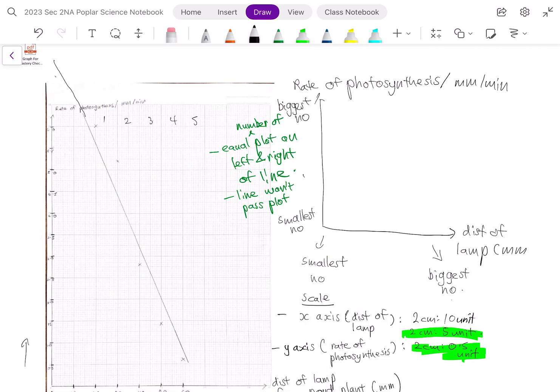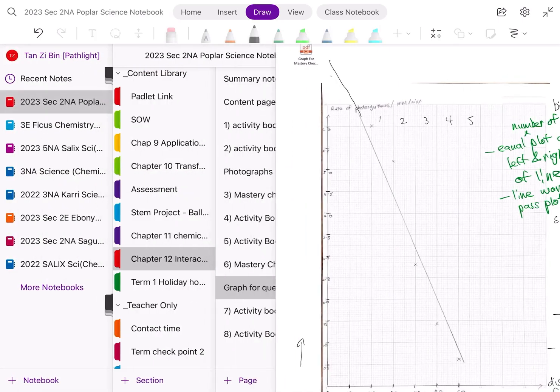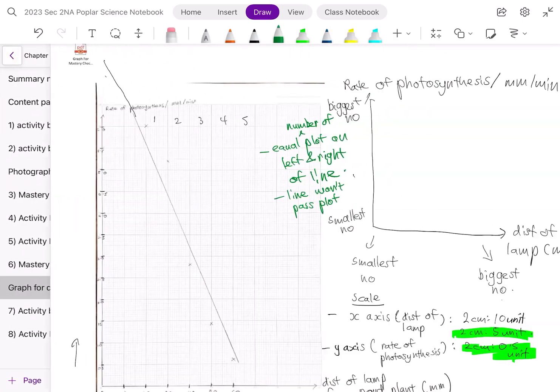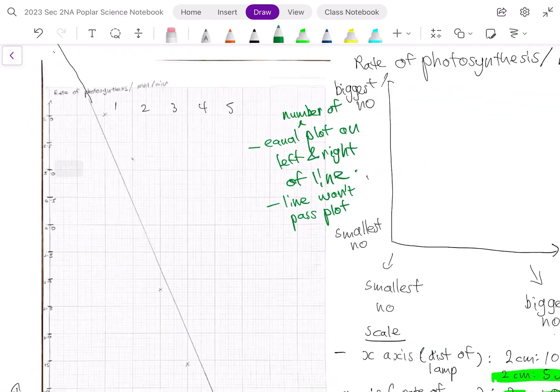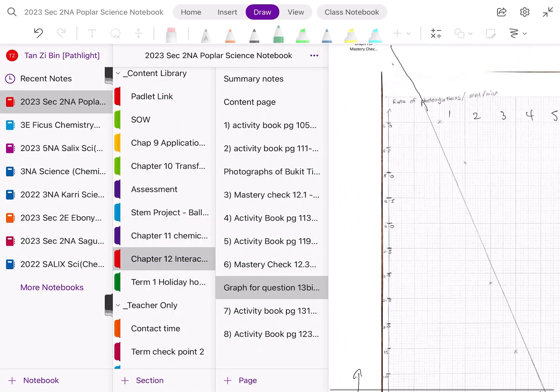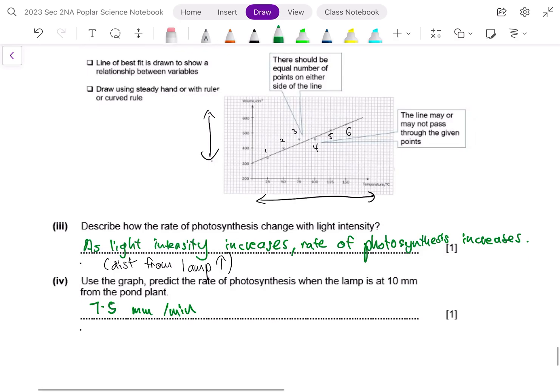Okay, so based on my graph is really high up, probably I think it's like 7.5 at least. Okay, so maybe I gotta change this. Okay, 7.5 mm. Okay, wait, let me look back at my graph. Yeah, okay, probably 7.5 mm per minute.